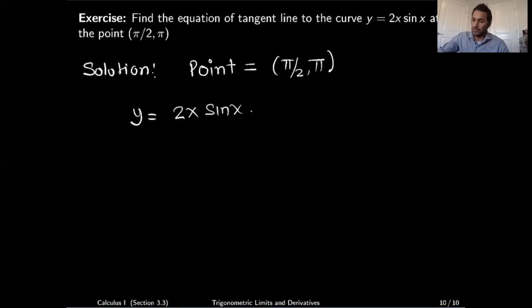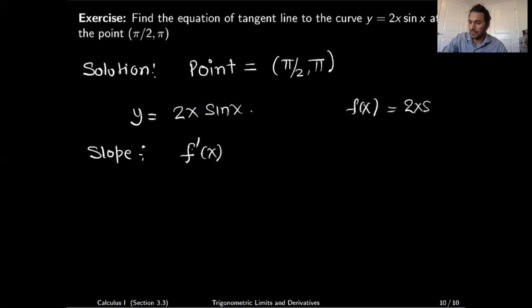First we need to find the slope of that tangent line. Calculating the slope is basically calculating the derivative of this function, so I will calculate f prime of x, where f of x is 2x sine x. This is a product rule because it is the product of two functions.